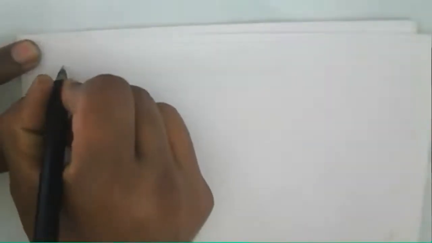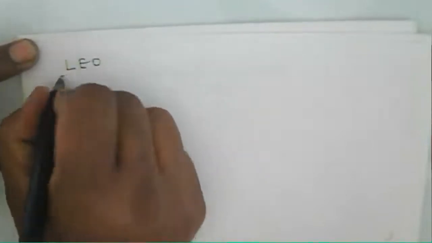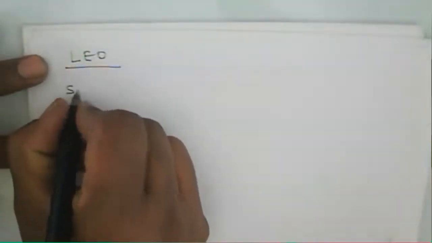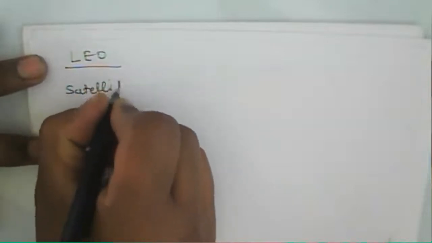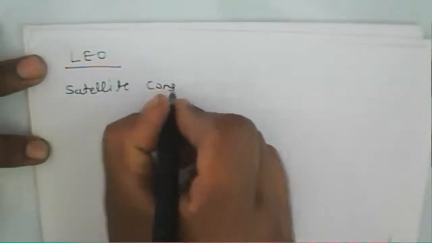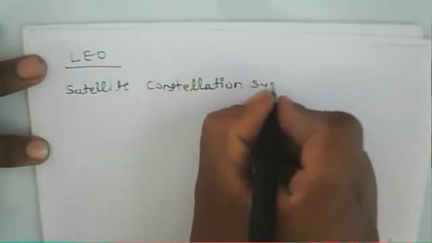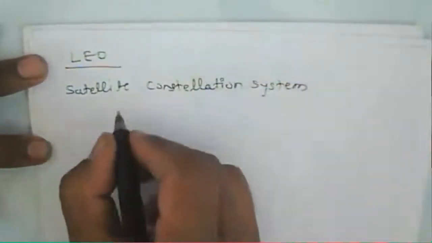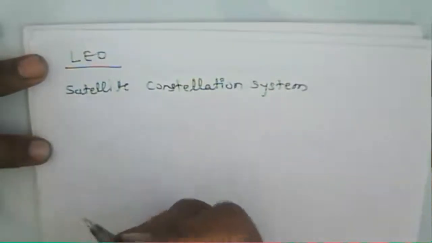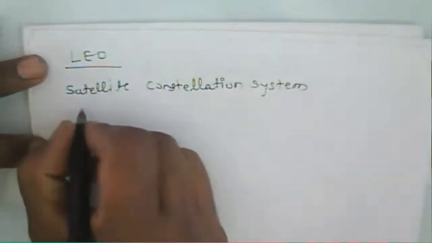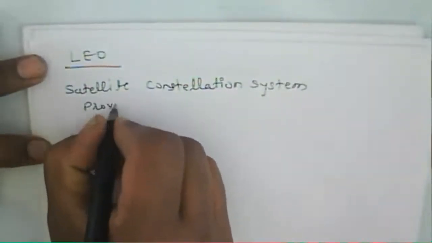Now, as I told you earlier, we require a constellation of satellites for this LEO orbit. So in that case, we consider this table here: satellite constellation system.